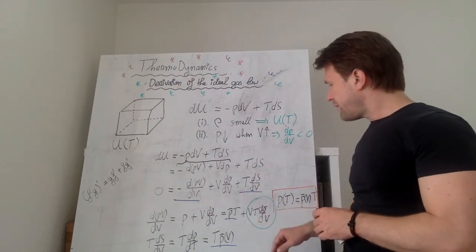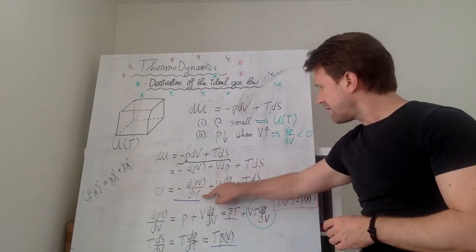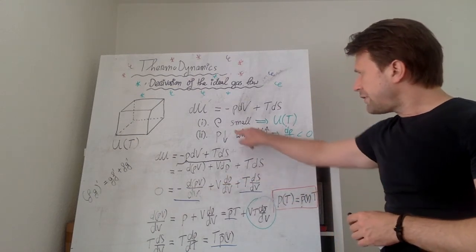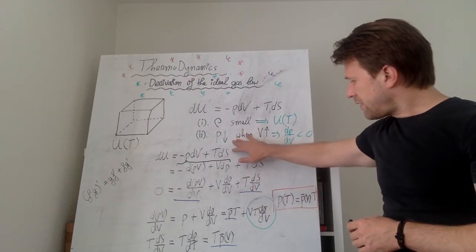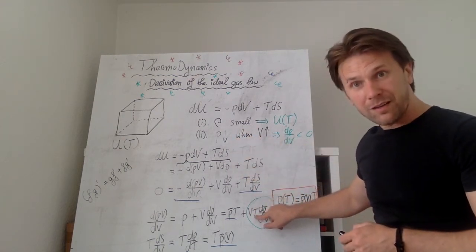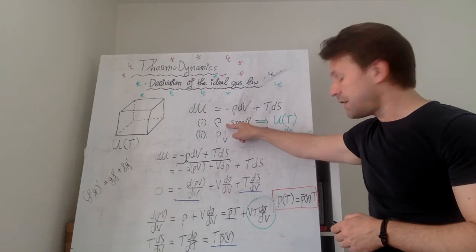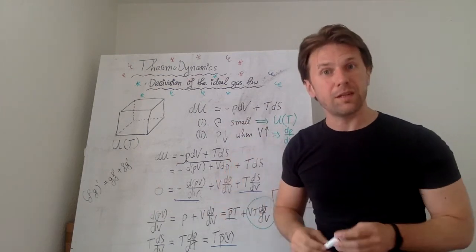So we have now found that indeed this guy is a lot smaller than that guy by the second assumption. It is negative because you subtract, that's the second assumption, and that it's a lot smaller is because of the first assumption, because the volume was very big compared to the stuff that was in there.